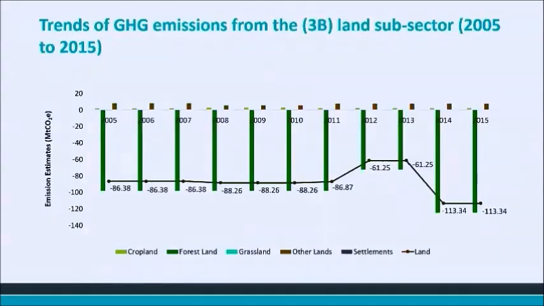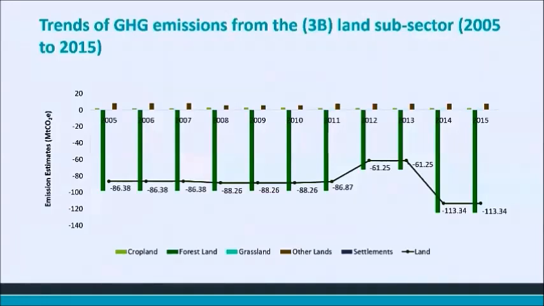Like I had already pointed out earlier, the land story in India is dominated by the fact that the forestry sector is a major CO2 remover, and that overwhelms the very small amount of positive emissions coming from assorted land use in croplands, forestlands, grasslands, etc. What's notable about the forestry emissions in the Indian context is that they've again been fairly steady.